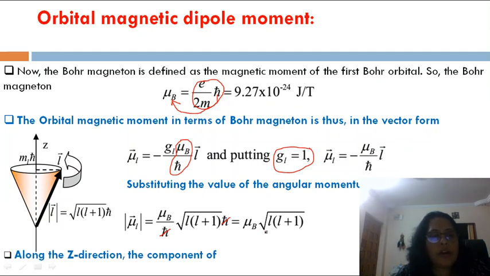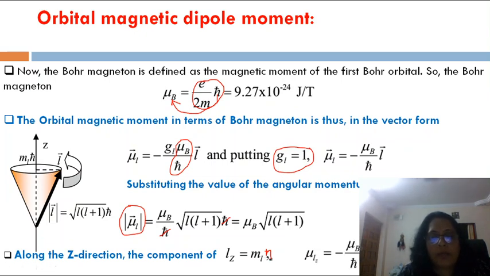So along Z direction, now because the magnetic field is also acting along Z direction, in Z direction this is the orbital quantum number, this is the magnetic moment along orbital direction. Now the magnetic moment along Z direction, the orbital magnetic quantum number we can take as Lz is equal to m_L h cross.